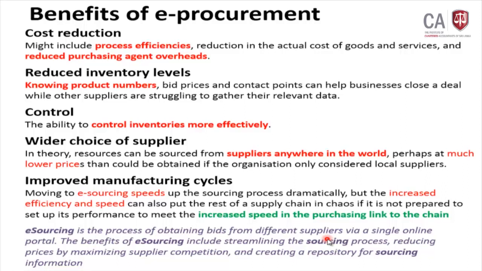You can obtain the bids from different suppliers. You do not have to rely on one or two suppliers. So, e-sourcing is a very good thing which speeds up the manufacturing process.